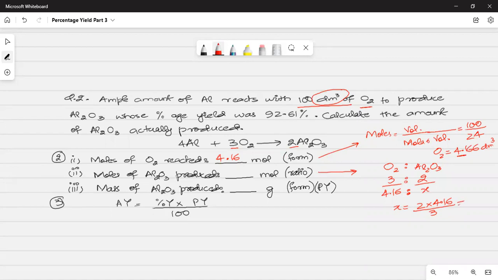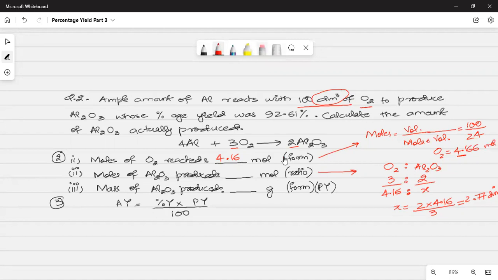Sir, the answer is 2.773. So I'm going to stick with three significant figures, 2.77. Sorry, not decimeter cube, my bad. The previous one was also not decimeter cube. I put the wrong units over there, as well as over here.